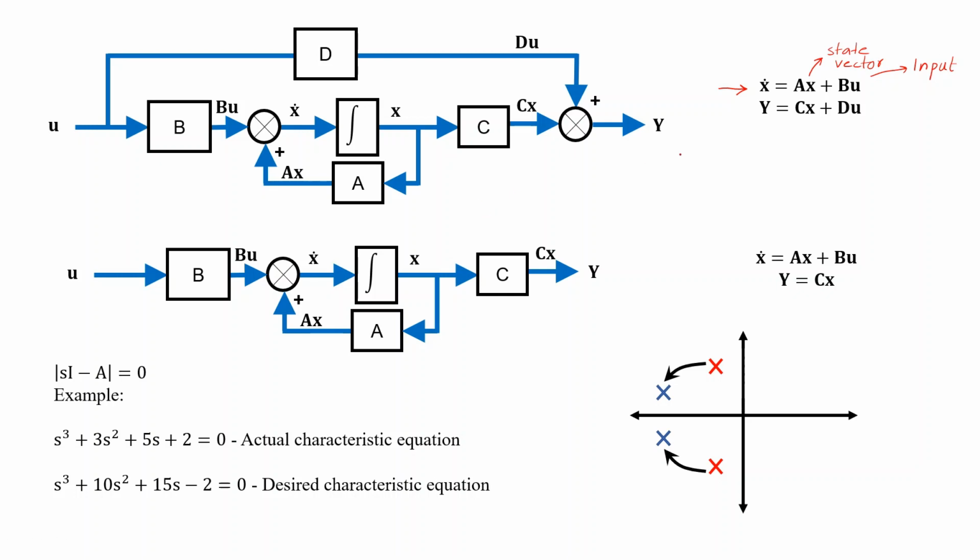So the same is drawn here in terms of block diagrams. x dot is here, we integrate x dot to get x, then this x is multiplied by A to get Ax, then the input u is multiplied by B to get Bu. So x dot is equal to Ax plus Bu, as given by this equation.